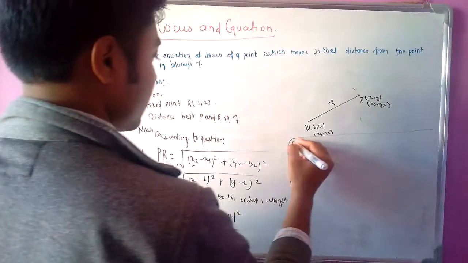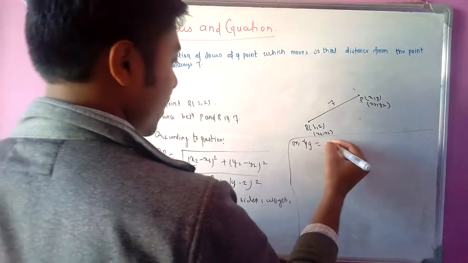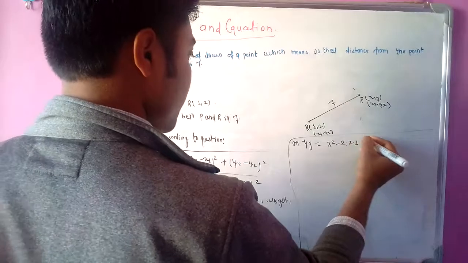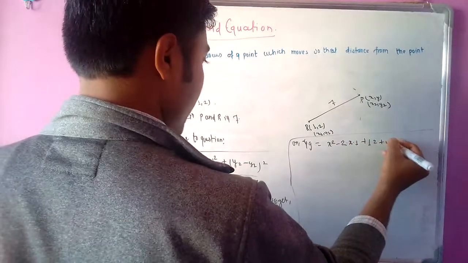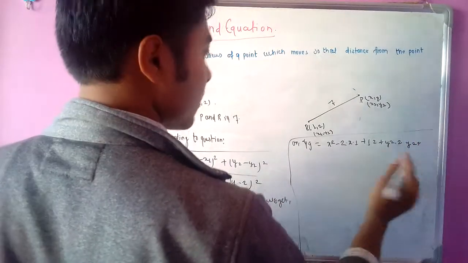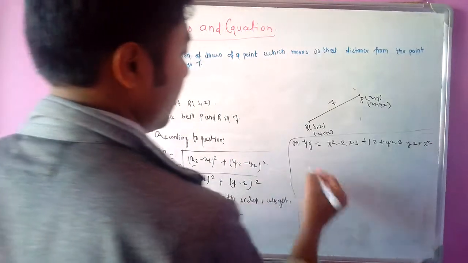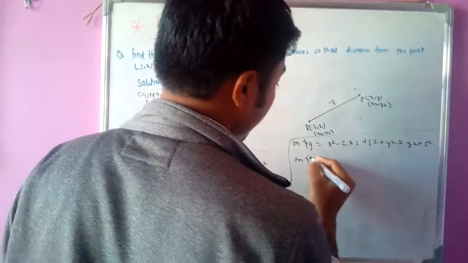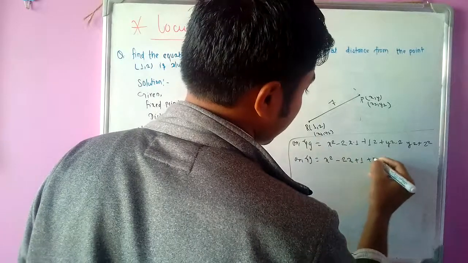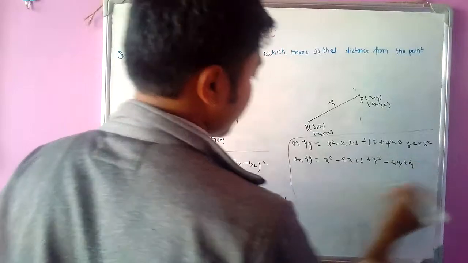Now see the solution of the given equation. (x minus 1) whole square is x square minus 2x plus 1, plus y square minus 4y plus 4.